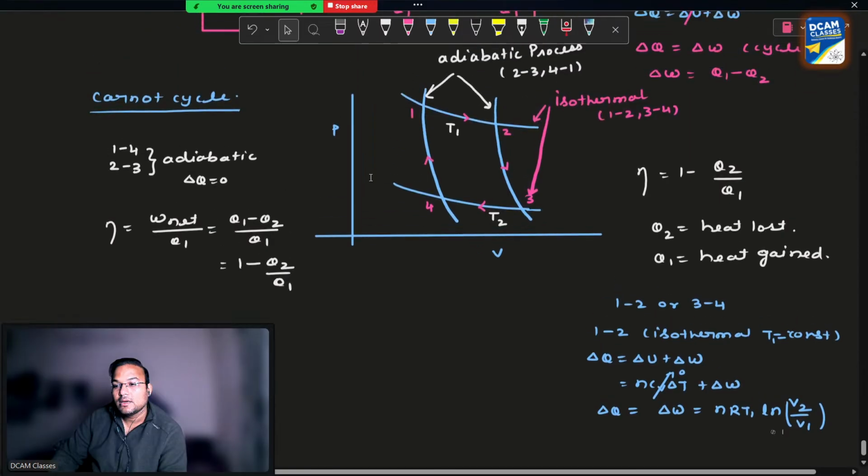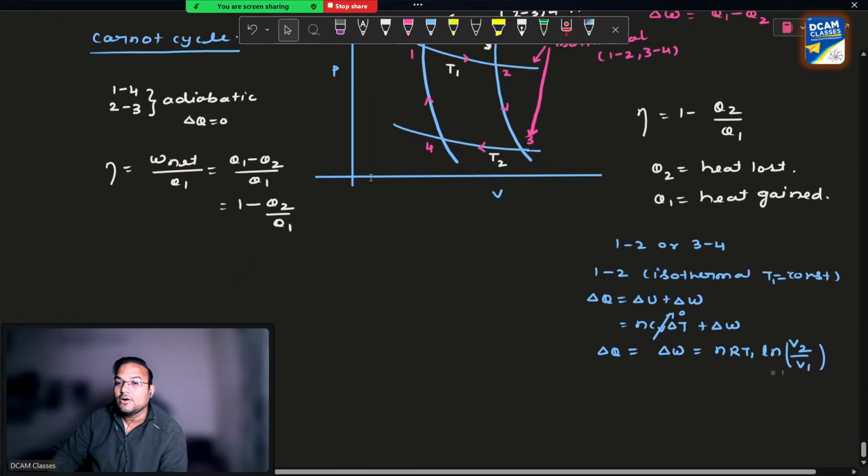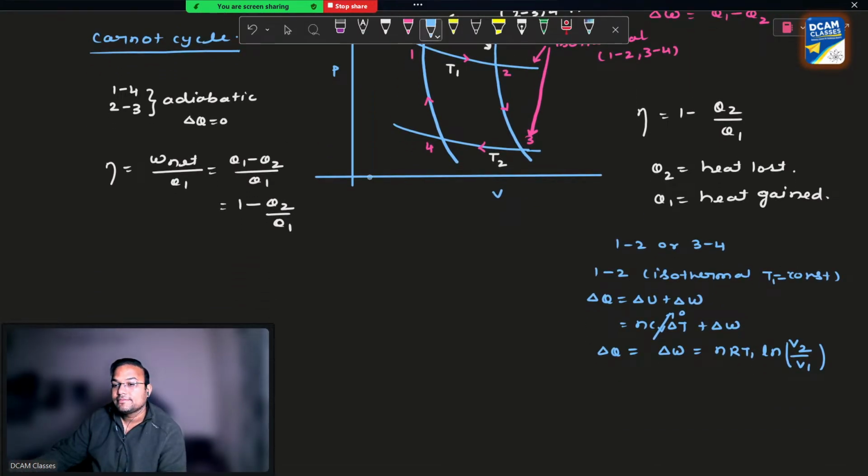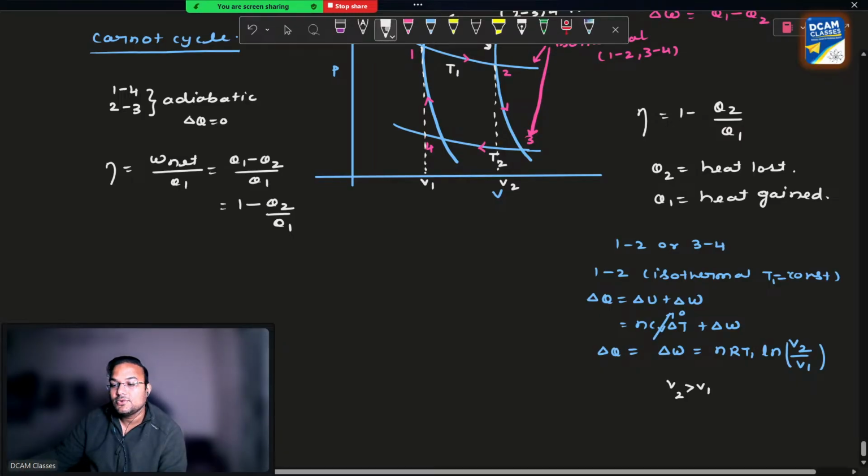Here, delta Q is nRT1 log V2 by V1. But if you see properly, the volume V2 is greater than V1. So the value of log is positive.